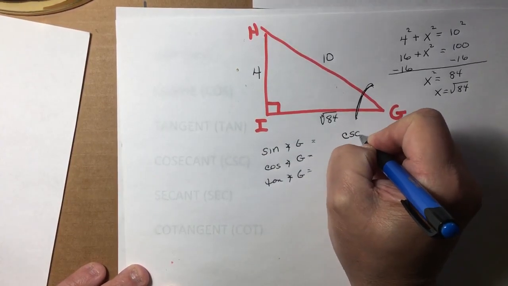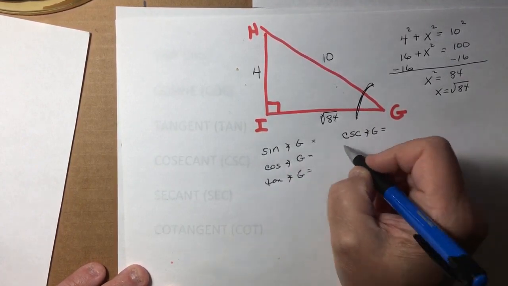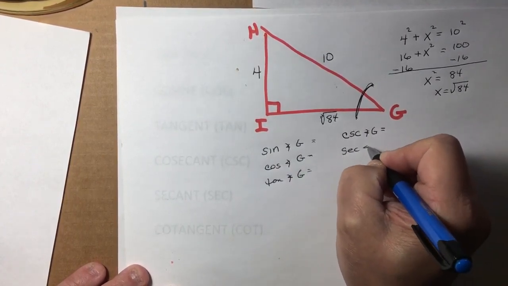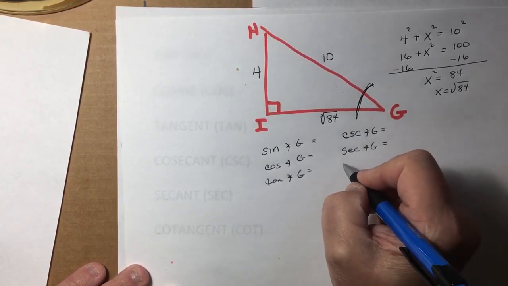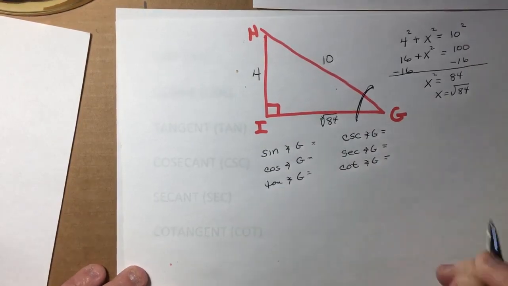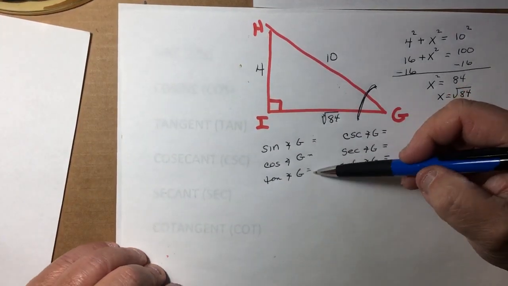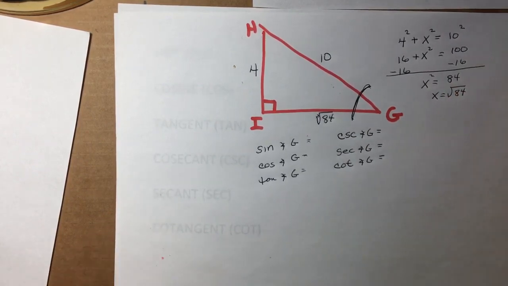So cosecant of angle G is the sine upside down. The secant of angle G is the cosine upside down. And the cotangent of angle G is the tangent upside down. And that's the way when you do your homework tonight, you should list your 6 trig functions.